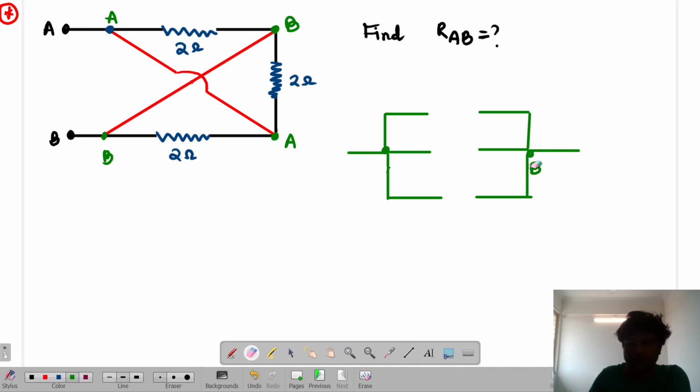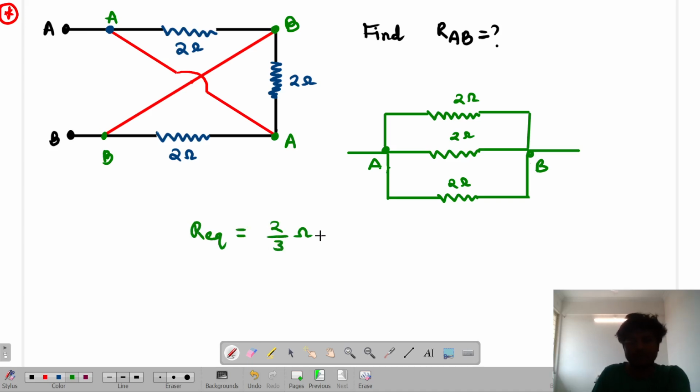Are you able to get me? Whenever you see such kind of circuits where there is a conducting wire, rearrange the circuit. So this is 2, this is 2, this is 2. So R equivalent is how much? 2 by 3 ohms. Because all are in parallel. Is that clear?